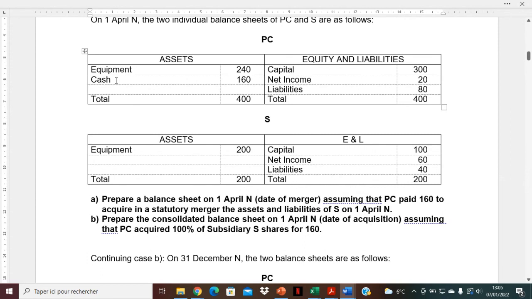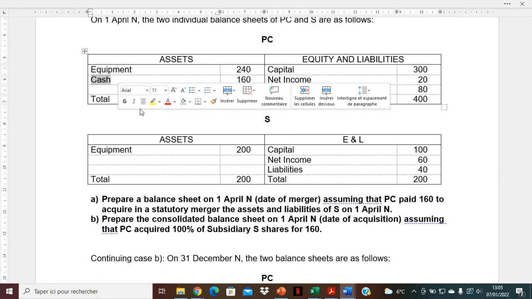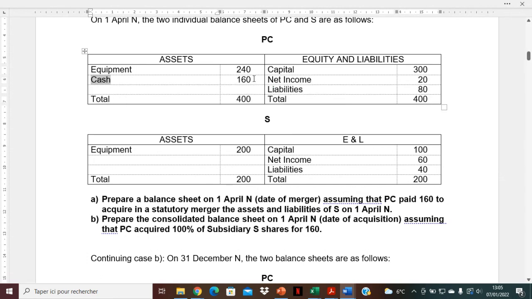Before we do this, for the parent company we have to account for the acquisition, okay? Because what will happen? Well, the parent company actually spends 160, so there will be a cash outflow. And as a counterpart, the parent company will acquire the investment in S or the shares of S, and they will be accounted for at their purchase price, which is 160.